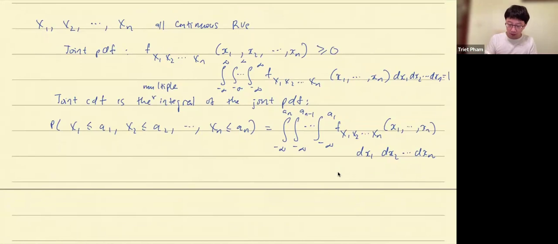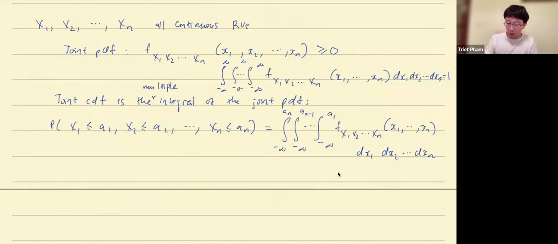Of course, you can also write down the probability that a1 less than or equal to x1 less than or equal to b1, a2 less than or equal to x2 less than or equal to b2.